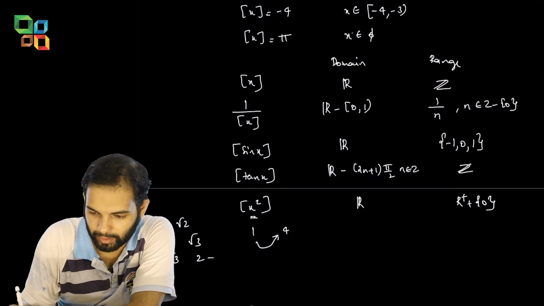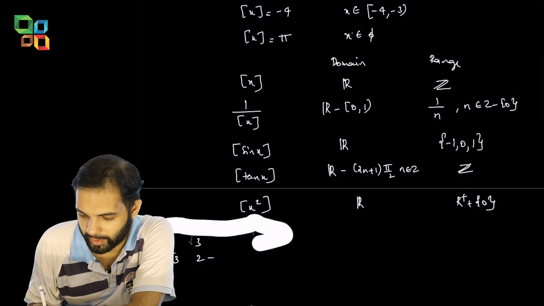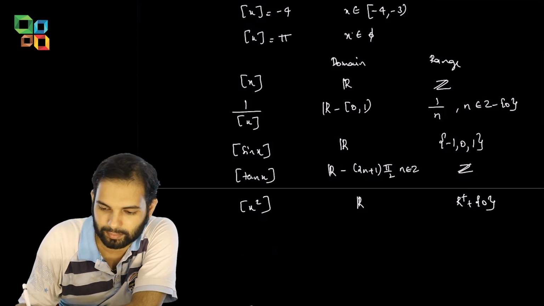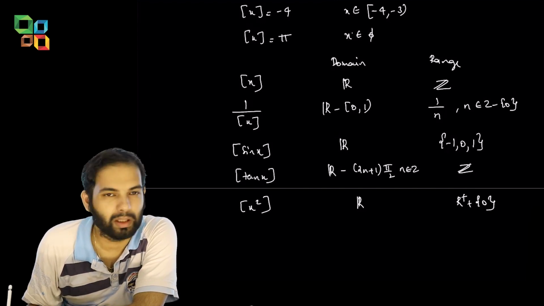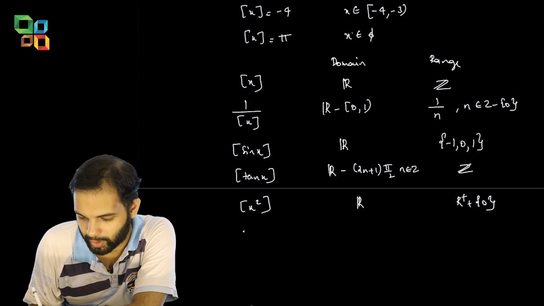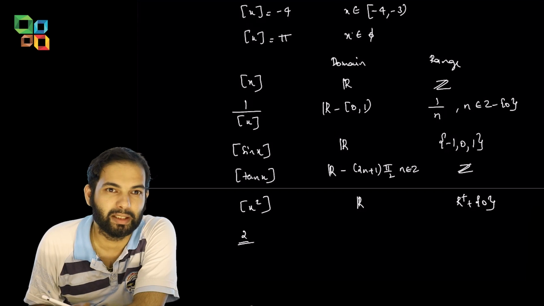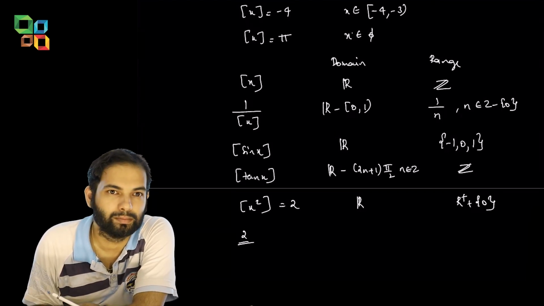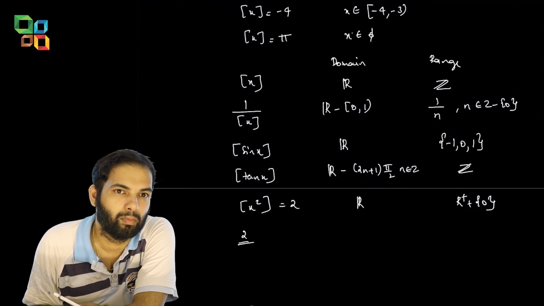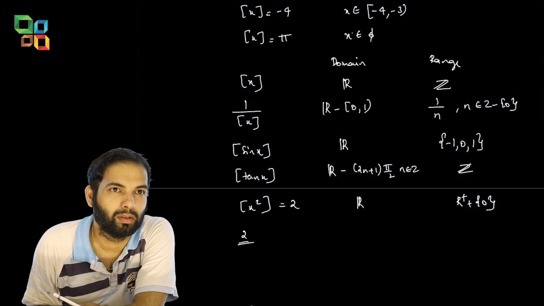You couldn't understand. Okay. What according to you is the range? Do you agree with the range? How do you get the number 2 then? Where do you get the number 2? Like when is this equal to number 2? 1 square is 1. 1.1 is also 1.21.